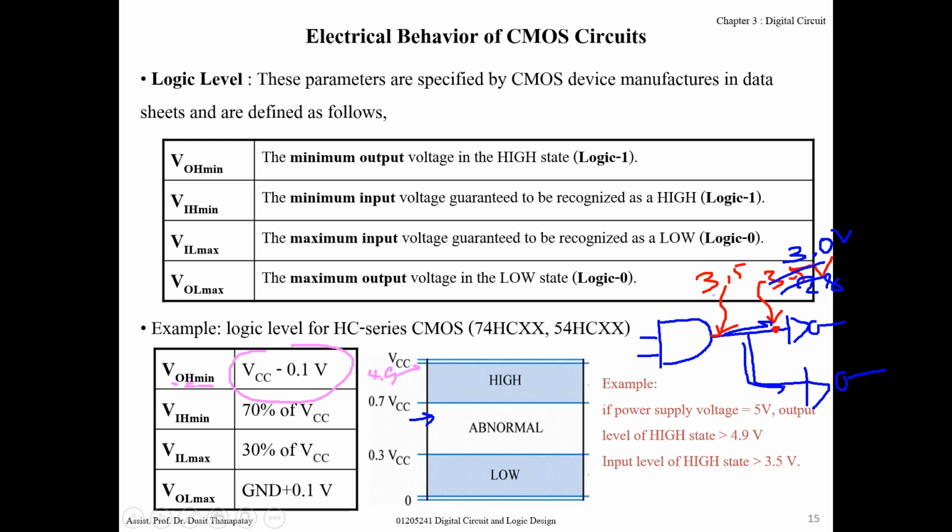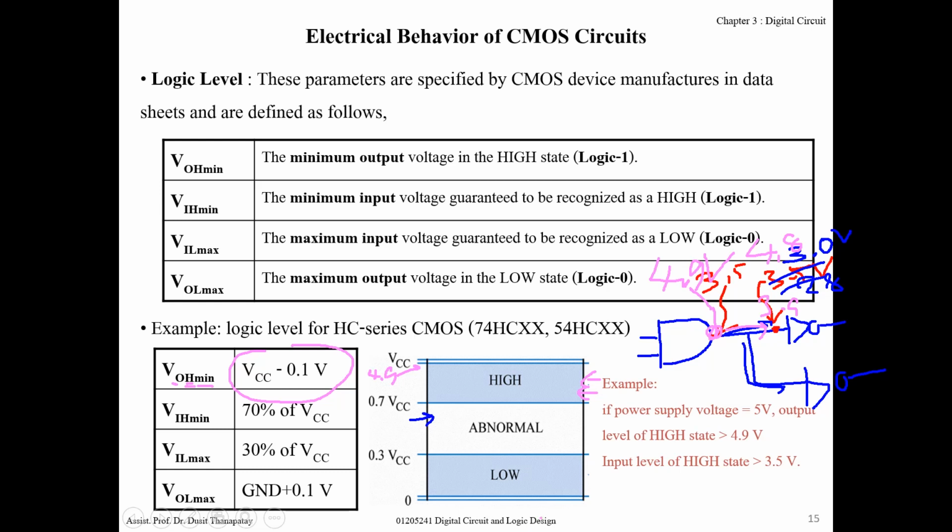The minimum output value of the logic gate must be more than 4.9 volt. So even if some loss occurs when it feeds another logic gate input, it may drop from 4.9 to maybe 4.8 or 3.9, and it is still okay, because it's still in the range of logic high.